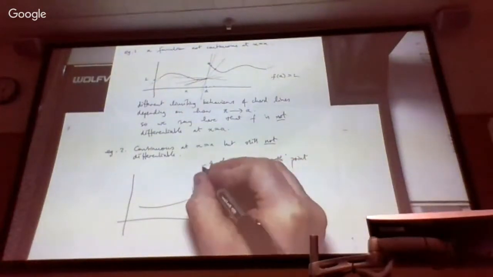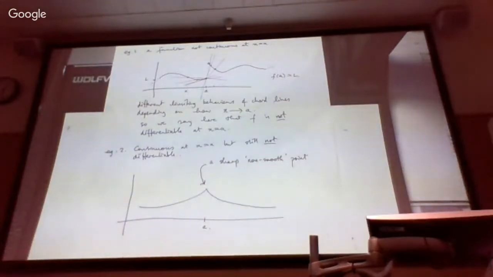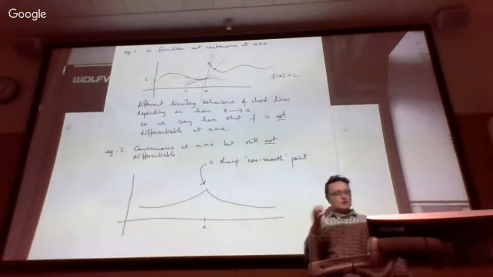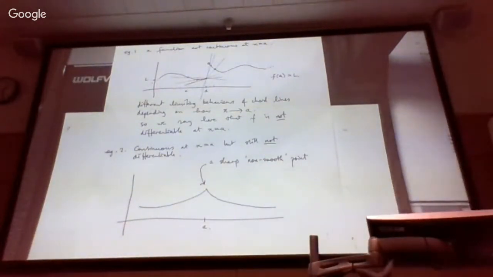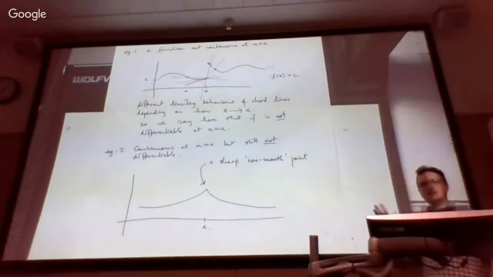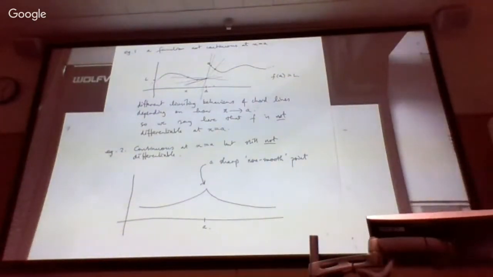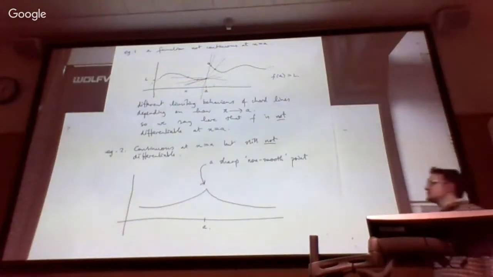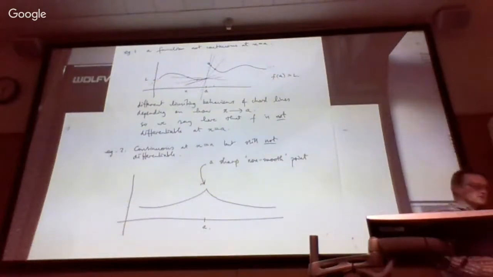Now, in mathematics, we do have a technical term, smooth. When you look in detail at analysis and differential geometry, we do have the notion of smooth behavior and non-smooth behavior, and it roughly corresponds to differentiable. When something is differentiable, it's termed smooth. When it's non-differentiable, non-smooth.